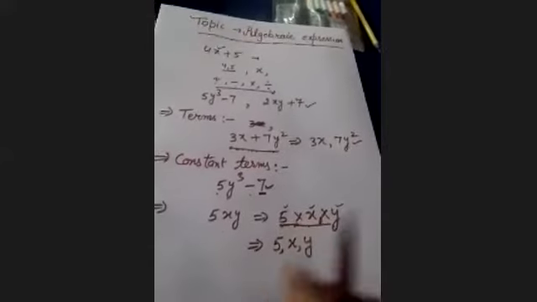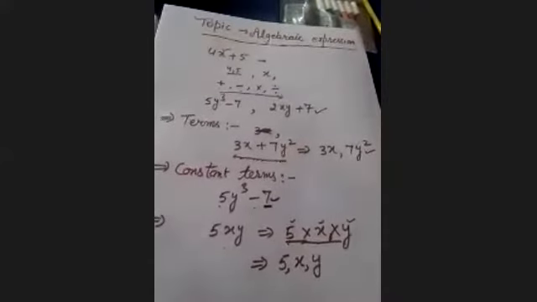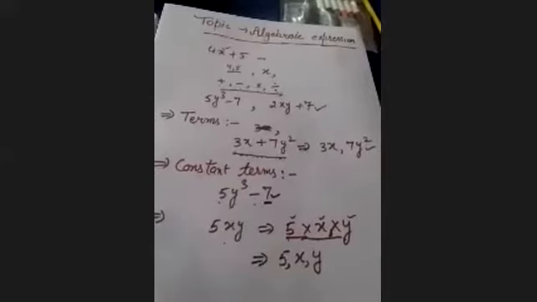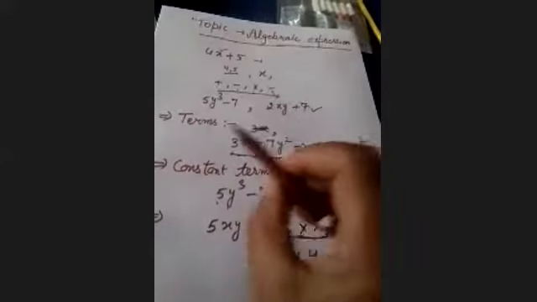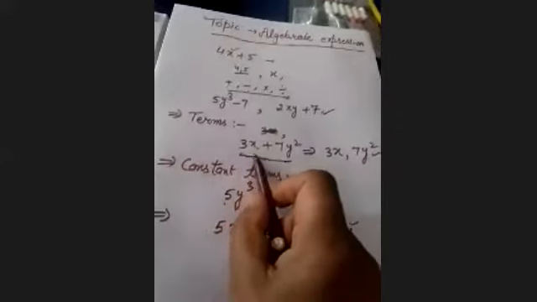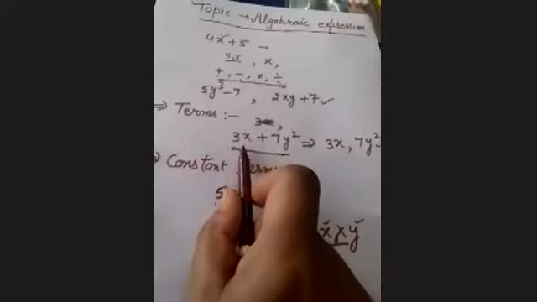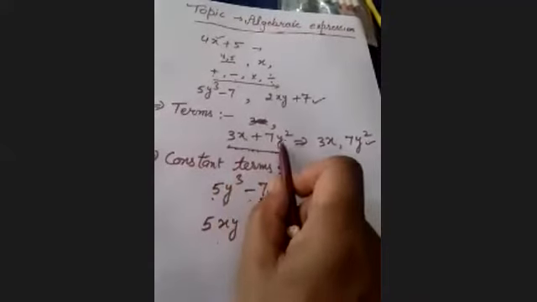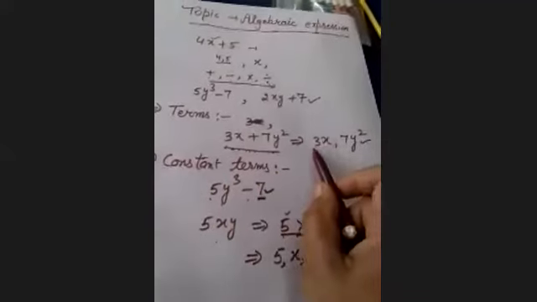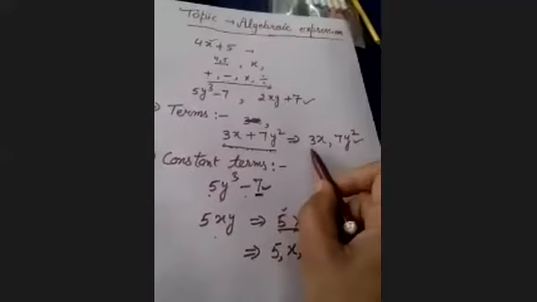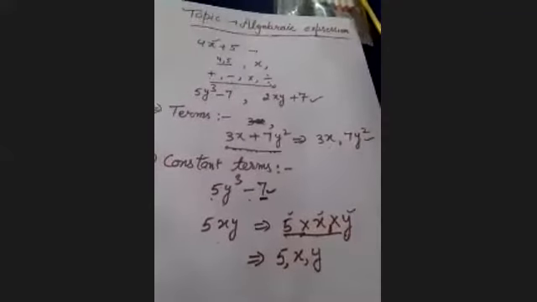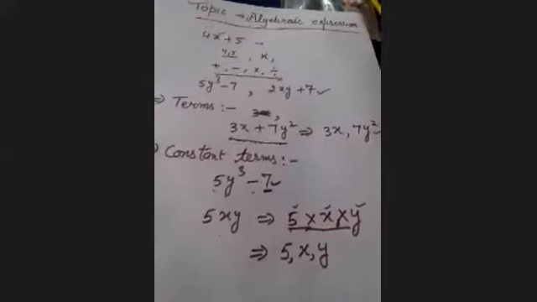Each part of an algebraic expression which is joined with the help of the four operations is known as a term. For example, 3x plus 7y square. Now, what are the terms of this algebraic expression? They have two terms, 3x and 7y square. These are the two terms of this algebraic expression.